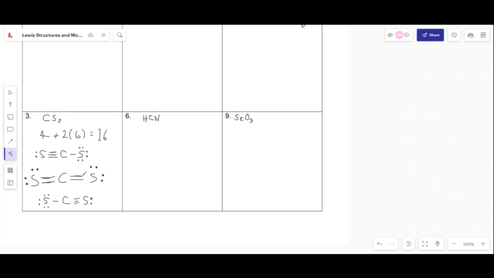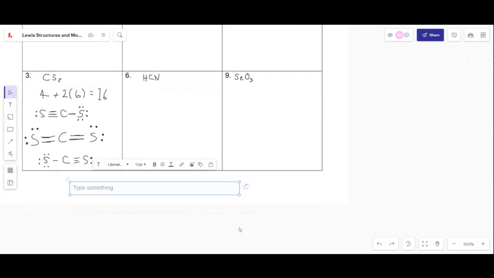In other words, if there was completely equal sharing, if they had the same electronegativity. What charge would each atom have? The way you calculate formal charge is you take the valence electrons minus the designated electrons. So I'll show you what that means.